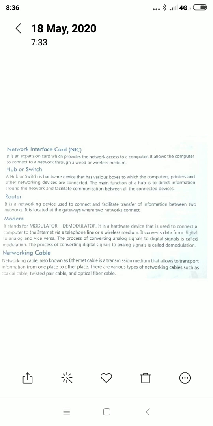And the next topic is networking cable. Networking cable is also known as Ethernet cable. It is a transmission medium that allows information to be transferred from one place to another. There are various types of networking cable such as coaxial cable, twisted pair cable, and optical fiber cable.